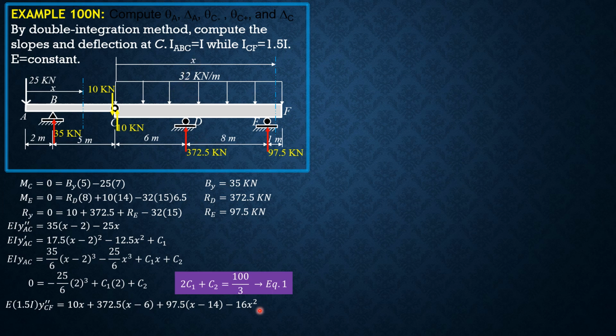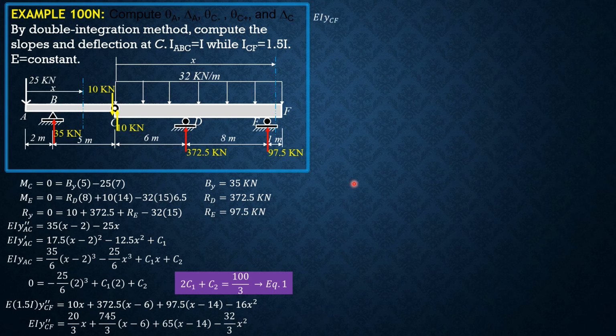Divide everything by 1.5, so EI y double prime CF equals 20 over 3 x plus 745 over 3 quantity x minus 6 plus 65 quantity x minus 14 minus 32 over 3 x squared.